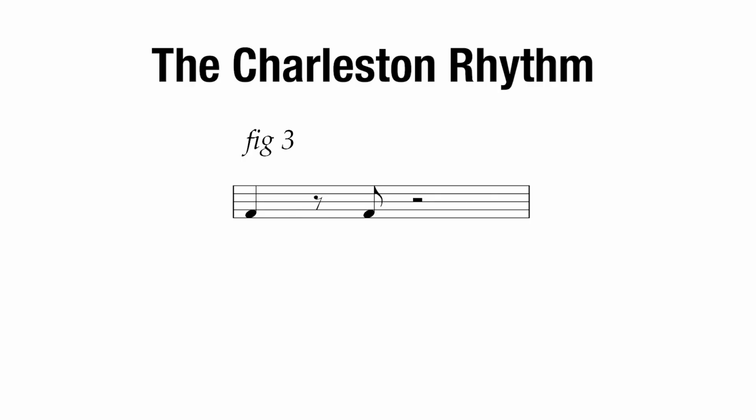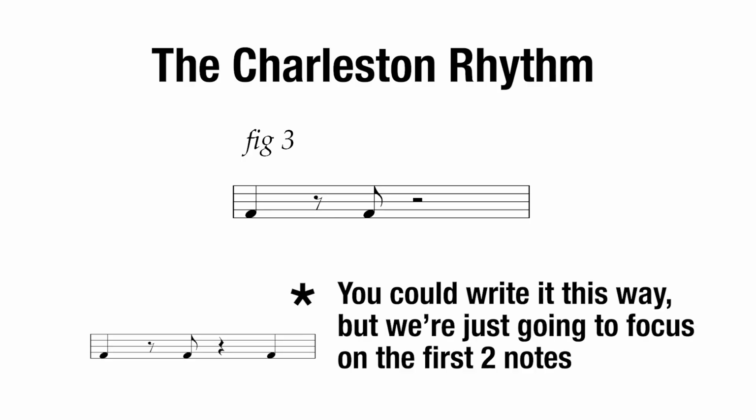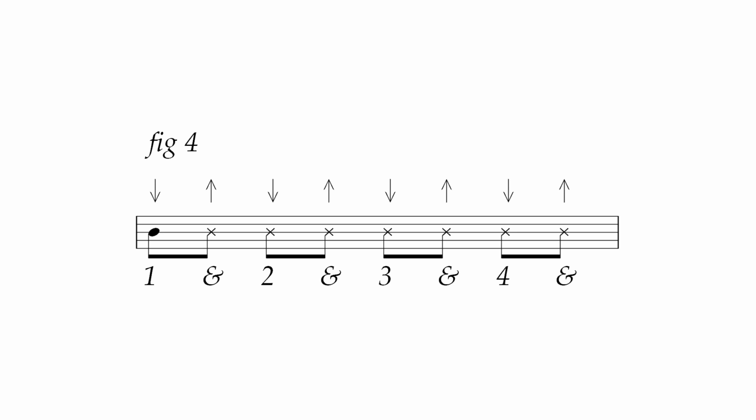We're going to use a rhythm called the Charleston, which is beat 1 and then the and of 2. So let's build this rhythm up from the ground. Let's just play a short down strum right on beat 1, and then just scratch along and play ghost notes for the rest of the measure, keeping the eighth notes totally straight.